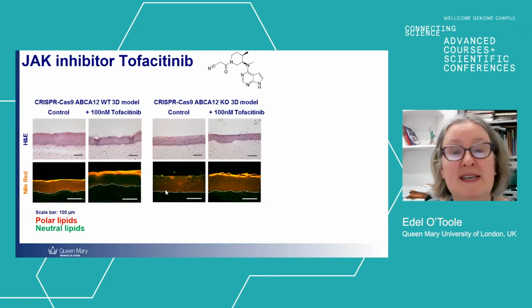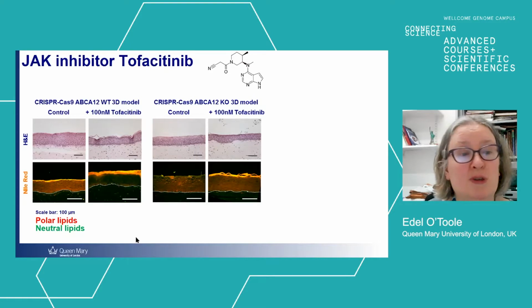So here you can see the control on the left and the Harlequin ichthyosis model on the right. And you can see that there's a very convincing restoration of staining at the upper part of the epidermis, indicating that there is now a barrier in the Harlequin ichthyosis model after treatment with the Tofacitinib.